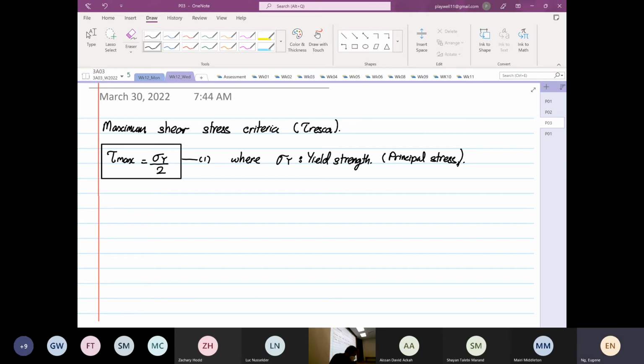So tau max, another expression that you will see, can also be equal to half of the absolute value of stress max. Okay. And this is our equation number 2.